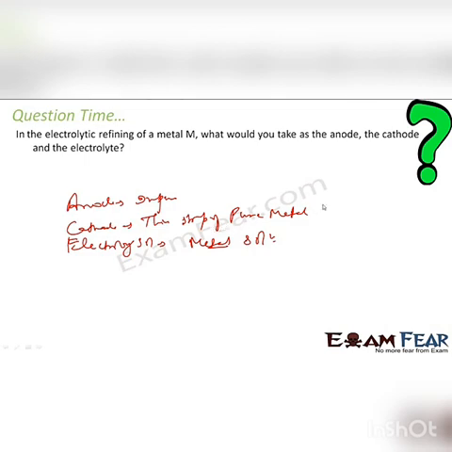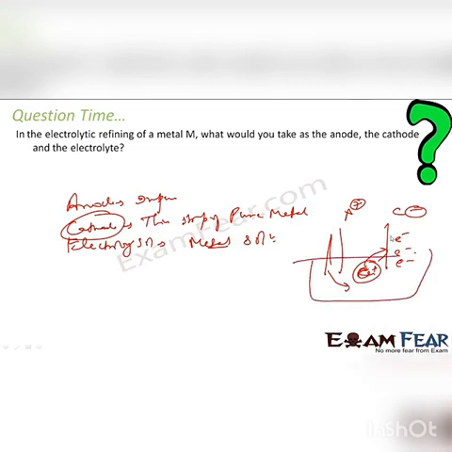So why do we do it like this? Because in case of cathode, if you see, this is cathode, which has a negative charge, right? It's anode with a positive charge. So cathode will give a lot of electrons, and with these electrons, let's suppose copper is my metal, copper sulfate, copper ions from copper sulfate will deposit here, and the anode will have a positive charge, which will help in dissolving copper from this impure copper into the copper sulfate solution.